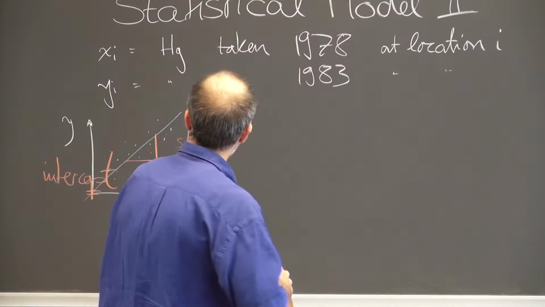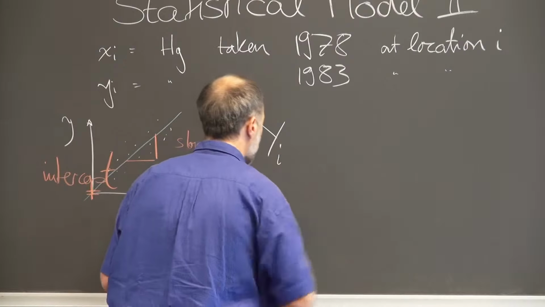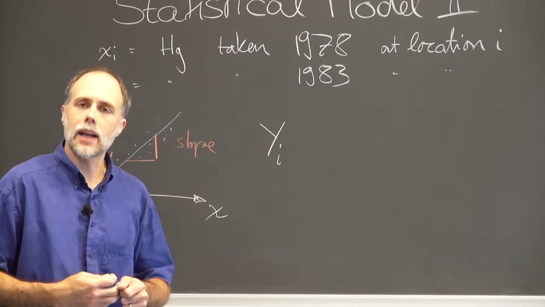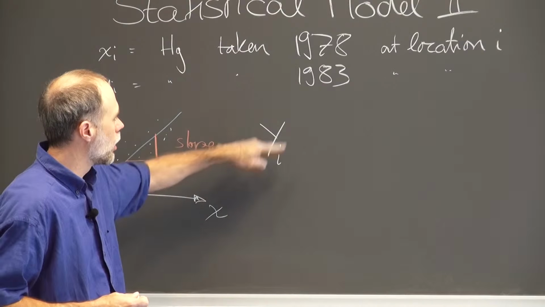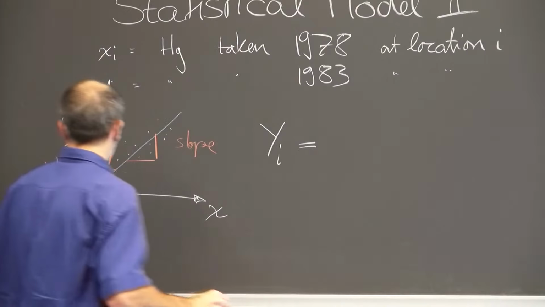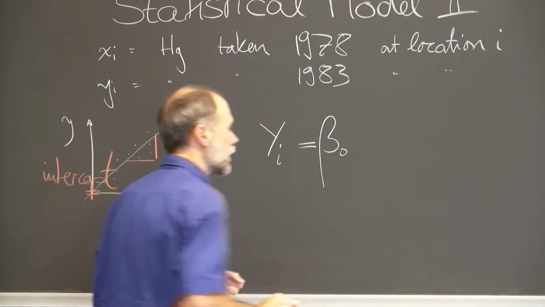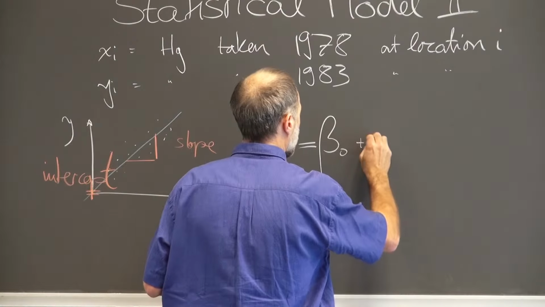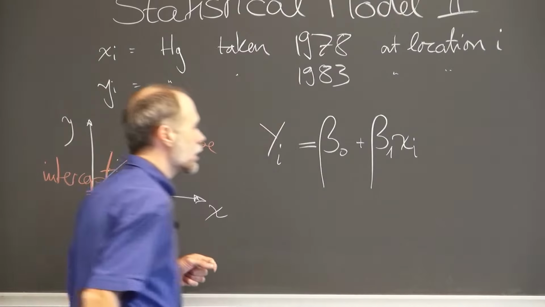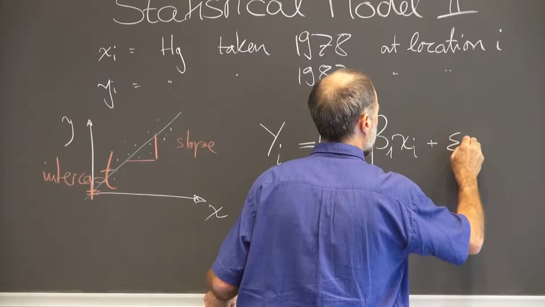As model, I propose to use Yi. We use a statistical model. I like to use capital letters because these are now random variables. This is, say, intercept beta naught plus slope beta 1 Xi plus some noise or error.